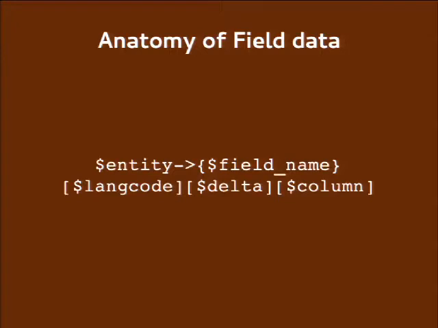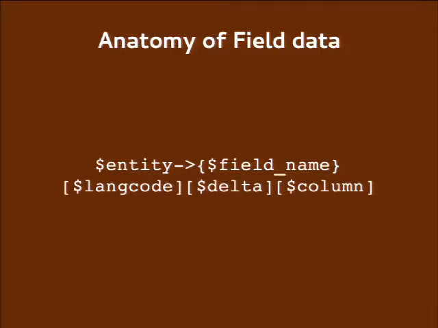This is how a field looks like. We have an entity object, and the entity object can be whatever you can imagine. It can be a node, it can be a taxonomy term, it can be a comment, whatever. And then you have a first array level where you can find the field name.